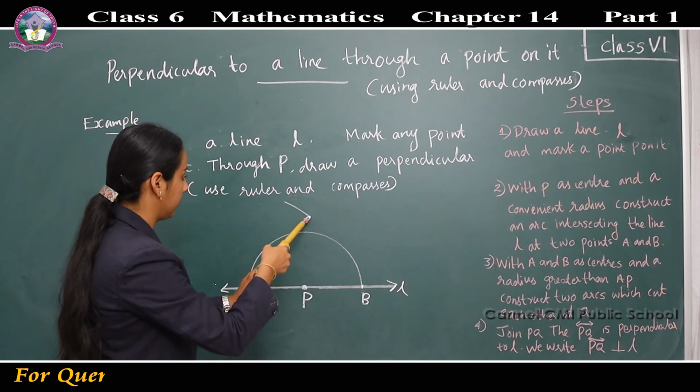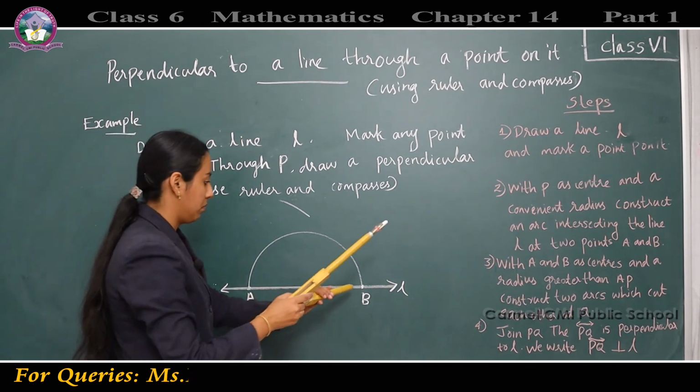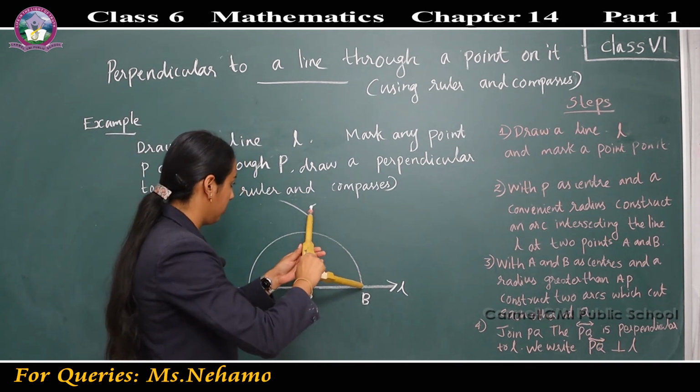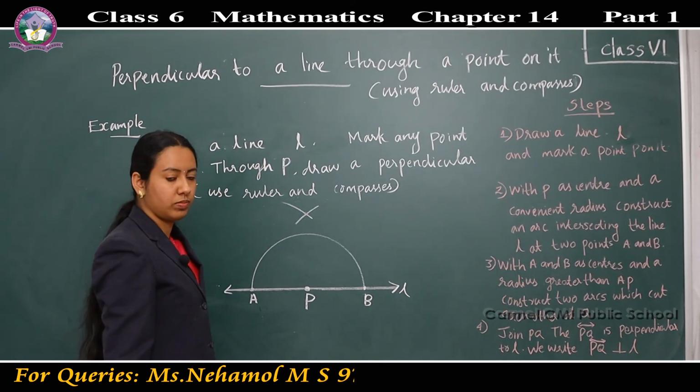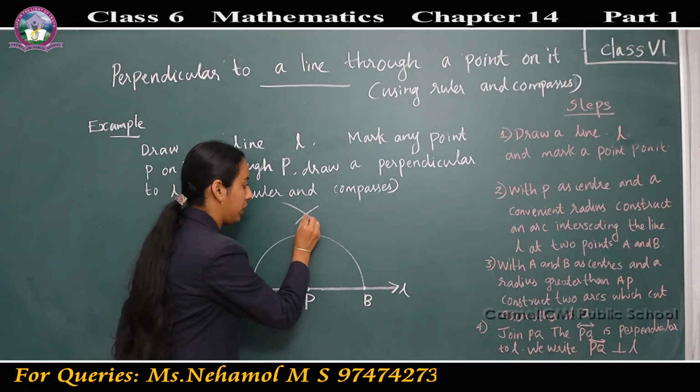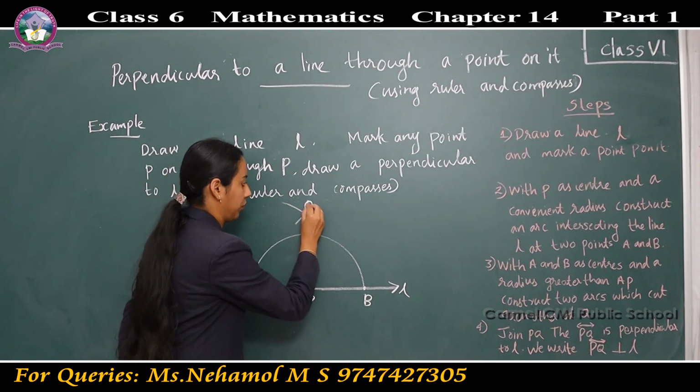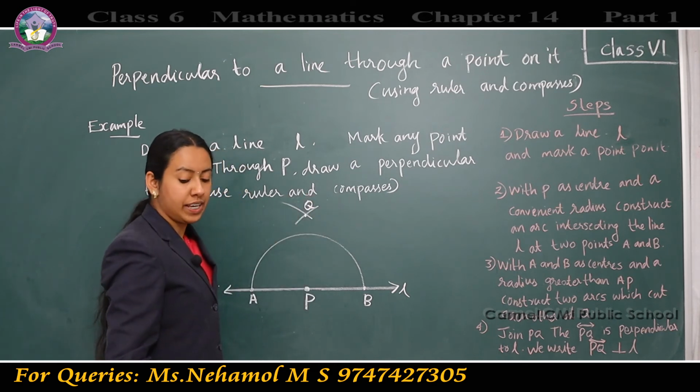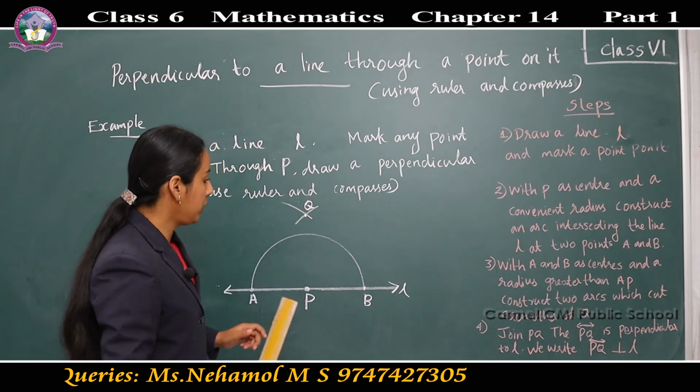Draw an arc. Similarly, from this side also, draw the arc. Now, let this point be Q. Then, next step, join PQ.